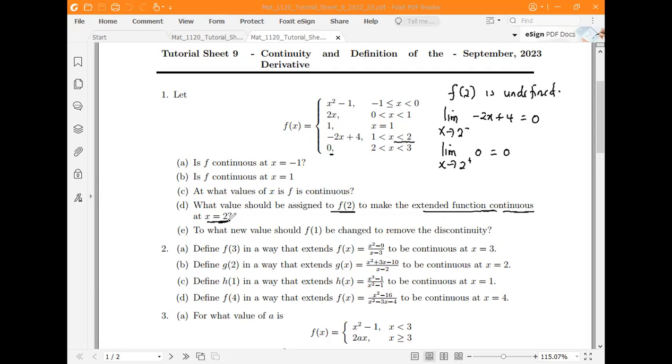So we want f of 2 to be equal to 0 so that it will be equal to the limit as x approaches 2 of f of x. Then it will be continuous. Because remember the condition says f should be defined there and the value should be the same value as the limit of the function.